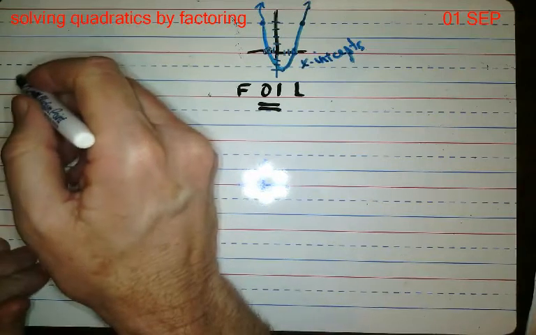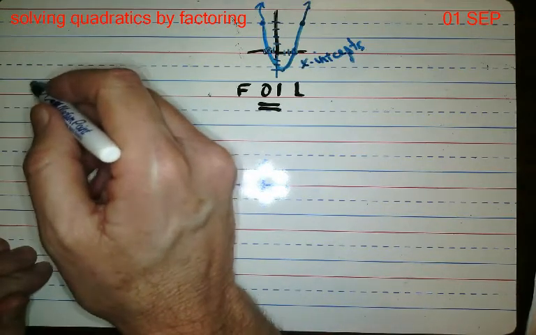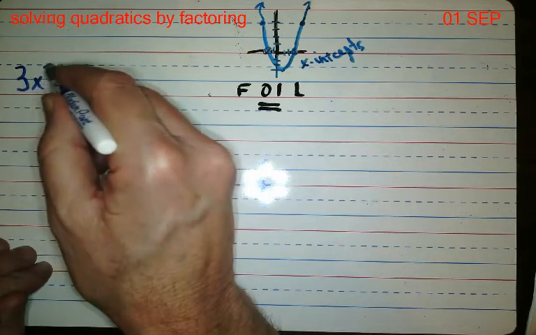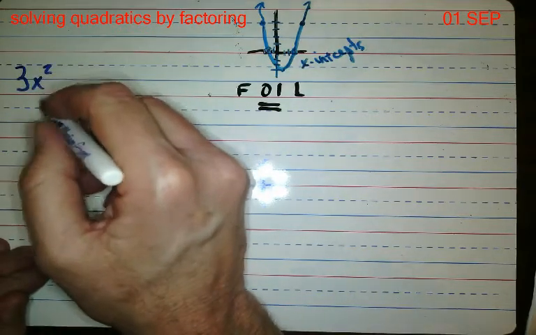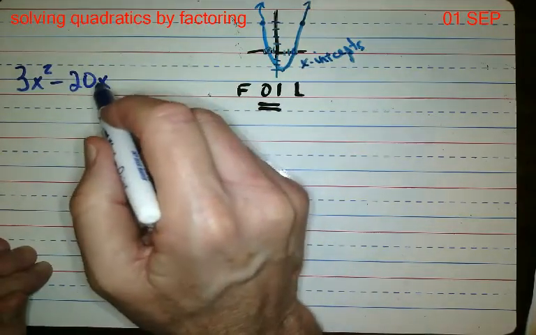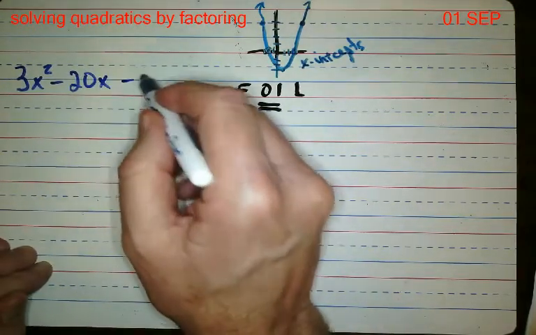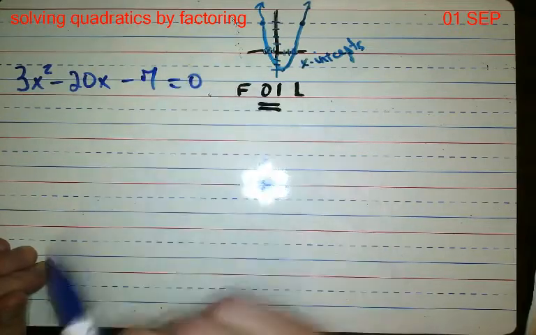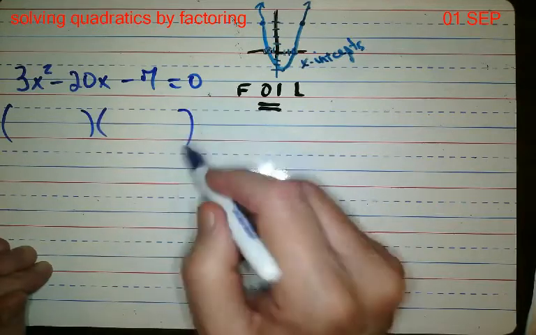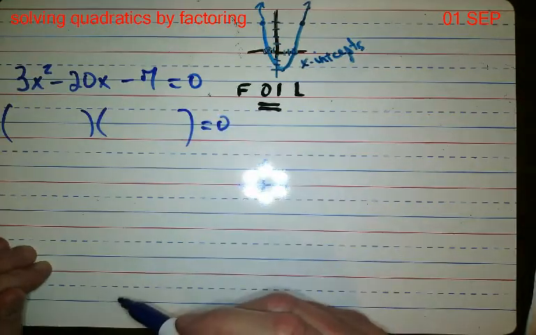What if we started with something like this? 3x squared minus 20x and then minus 7. Okay. Alrighty.